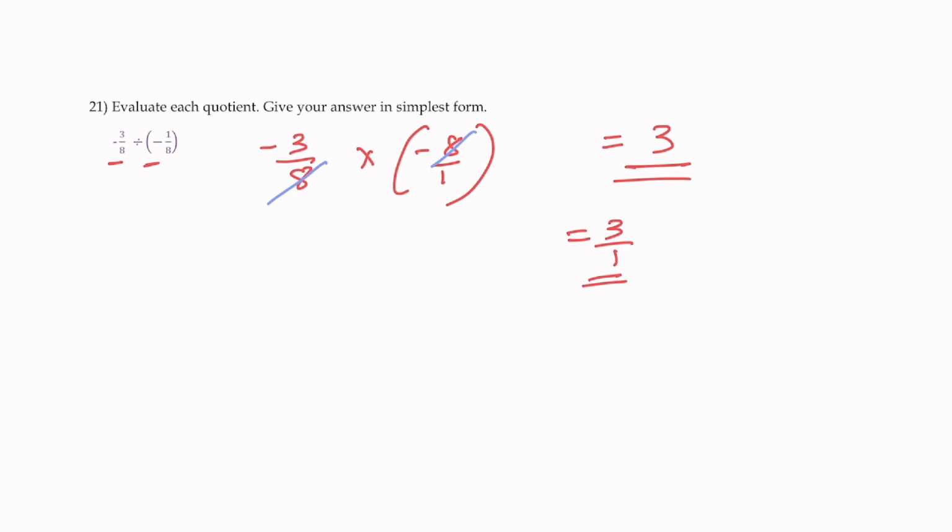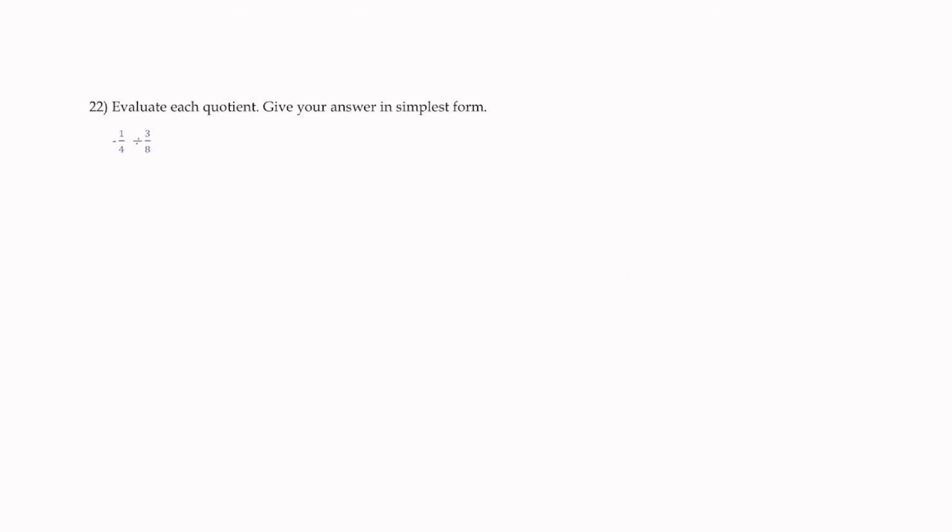You can write it as 3 or you can write it as 3 over 1. It means the same. So now we are going to go faster because now we have understood the method. 1 over 4 times 8 over 3. 4 times 1, 4 times 2. So 2 over 3 with a minus sign.